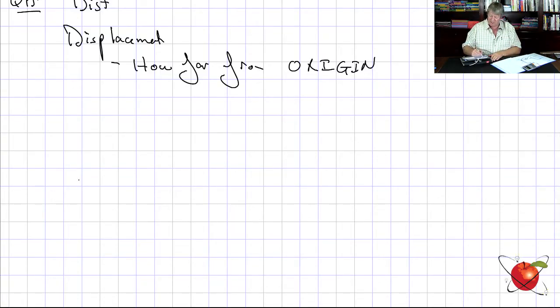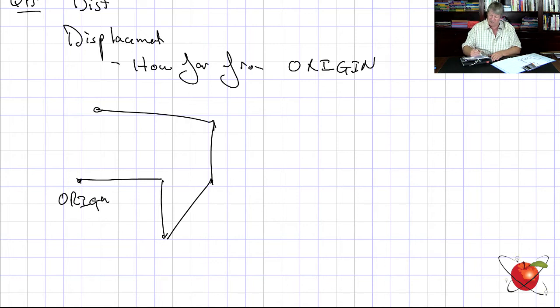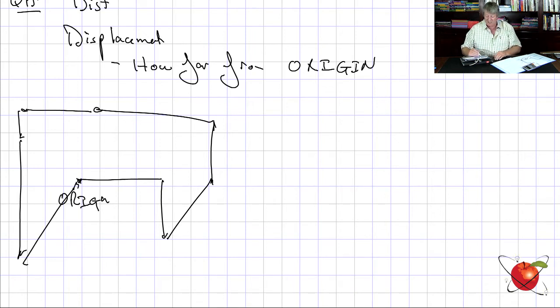Because if I started here, let's say that is our origin, and we go this way, then that way, then up there, then there, then right down there, and last we go right back home. The distance is adding all of these together.